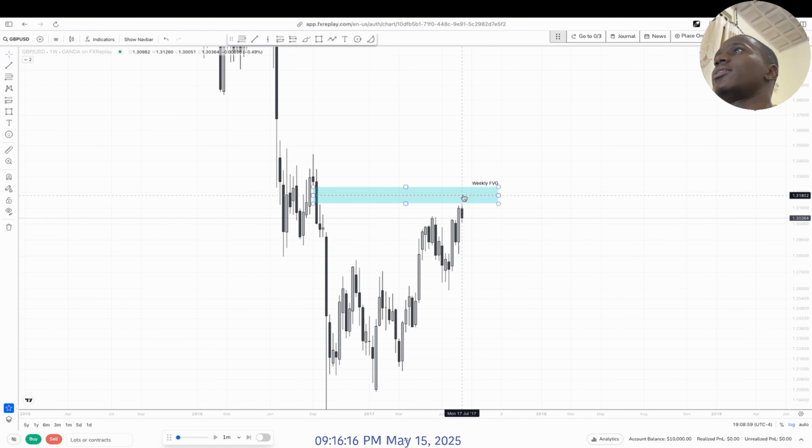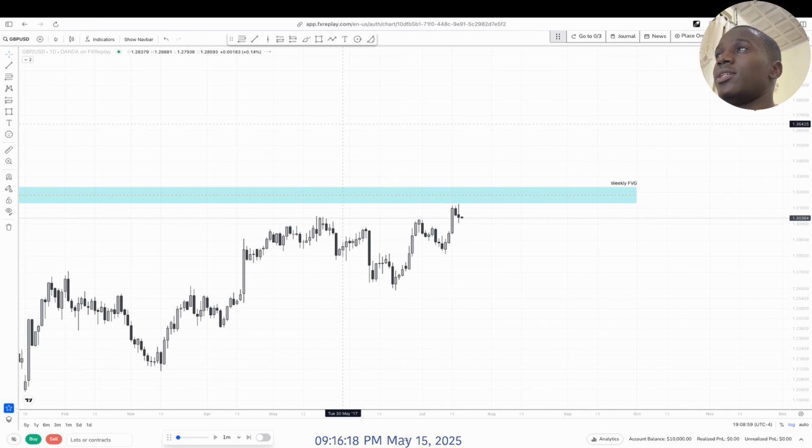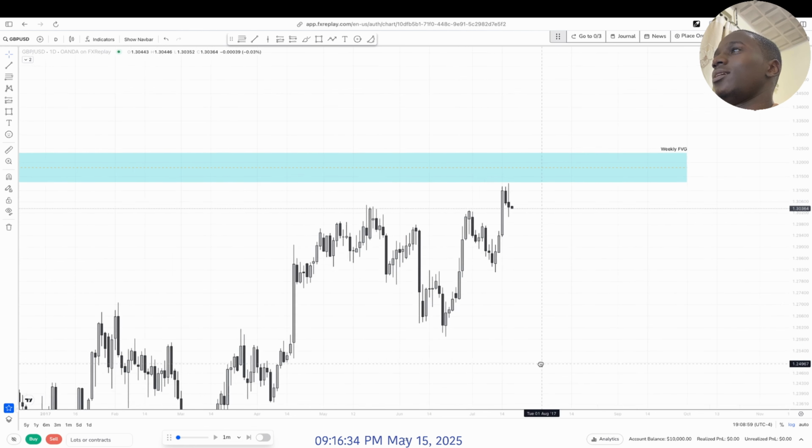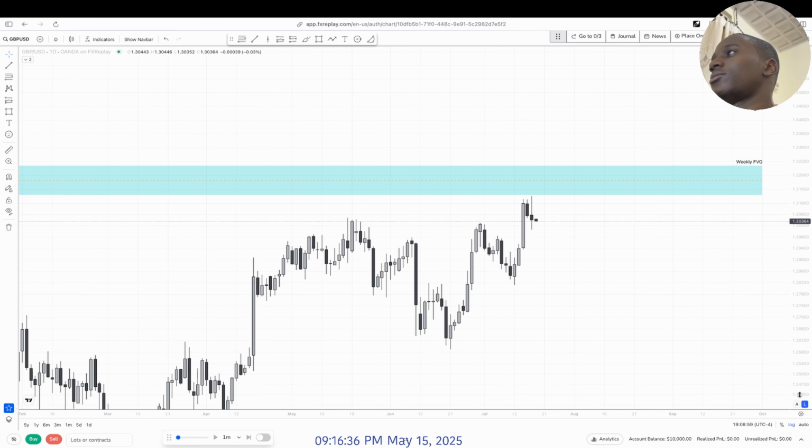So let's target this midpoint, and on the daily we can see that we are pushing higher, and we took out this daily low and high, and then we created this liquidity, this one and this one. So basically on Wednesday, that's the liquidity we will be looking for.